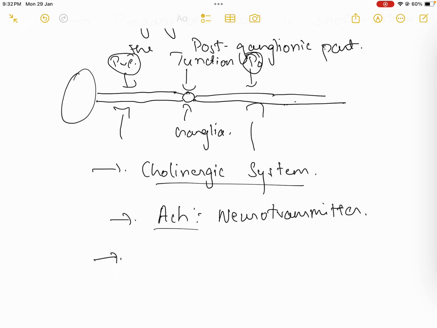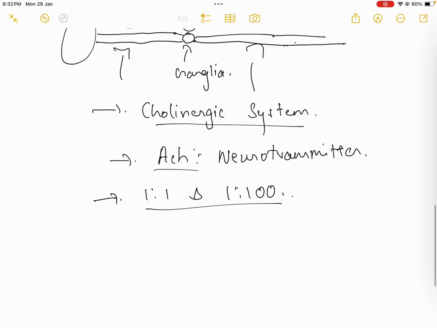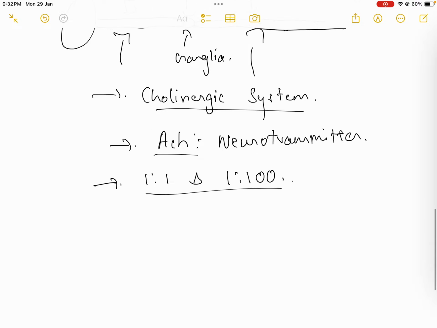That's why we call the parasympathetic system the cholinergic system. The ratio between these two axons, in the sense of the length of the neurons, may be 1:1 or 1:100. I'm sorry. So this is about the cholinergic system.